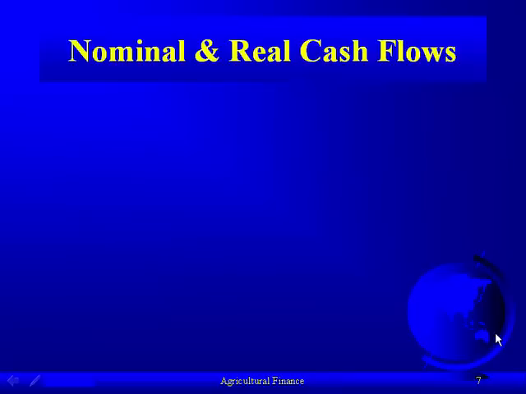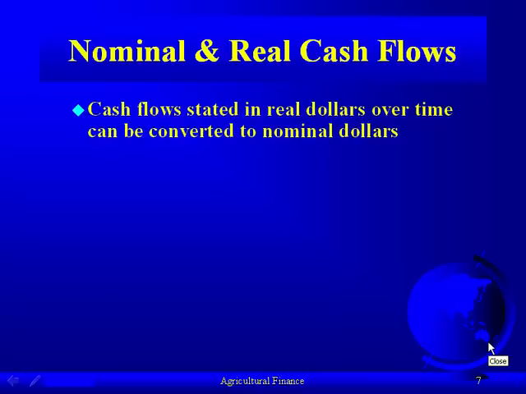Now, we're going to also refer to nominal and real cash flows. I'm using the concepts of price and cash flows interchangeably, which is okay because if you keep the quantity constant, then obviously if the price is nominal, then the cash flow is nominal. Now this becomes interesting because cash flows stated in real dollars over time can be converted to nominal dollars if we know the inflation.